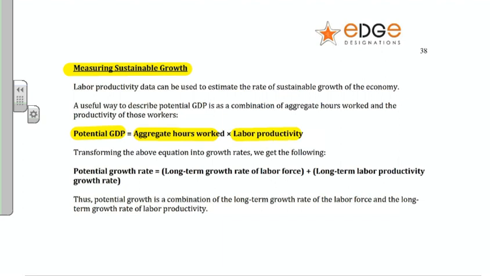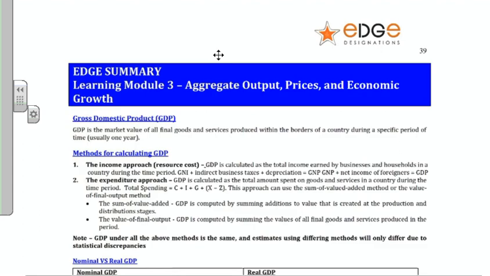If you want to transform that equation into growth rates, what do you get? Potential growth rate is the long-term growth rate of the labor force plus the long-term labor productivity growth rate. That then brings us to a conclusion of learning module number 3, aggregate output, prices and economic growth.